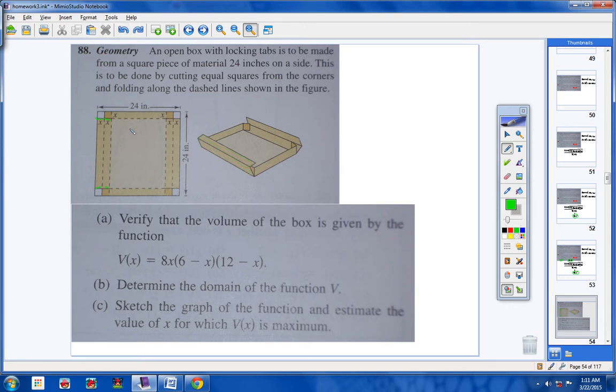So both sides of metal are originally 24 by 24. Both sides are 24 inches, but then we're going to cut part of it away. So verify that the volume of the box is given by the function. Now watch carefully, please, what I do. After you've made these folds, we have taken part of the x's away. Watch carefully. See this side right here?